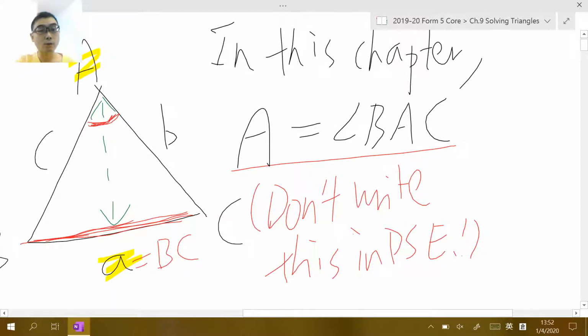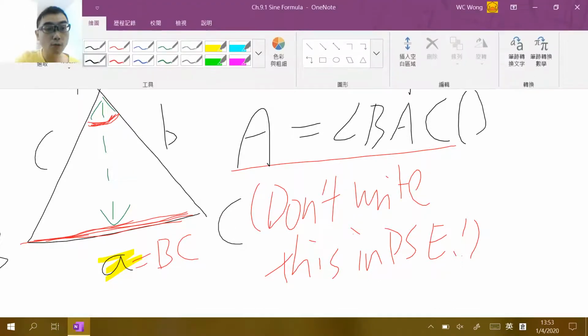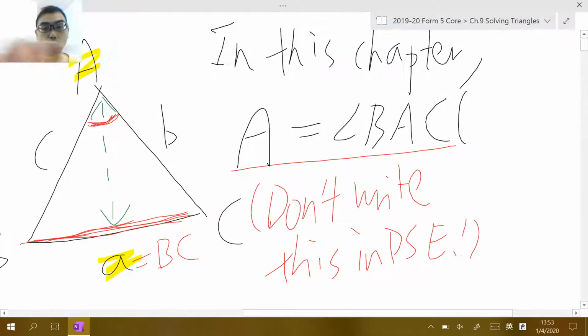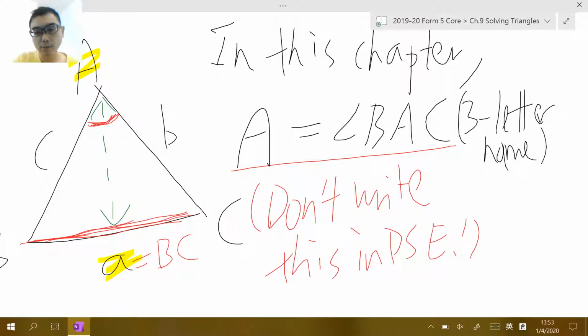For example, if I want to highlight this one, this angle should be angle BAC or angle CAB. Don't just write angle A as in junior form, because angle A may sometimes be confusing with other angles. So always remember to use 3 letters to represent an angle. This is a very standard form, so remember this important thing here.